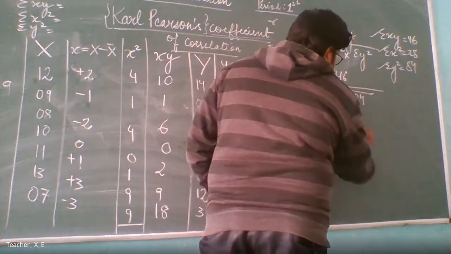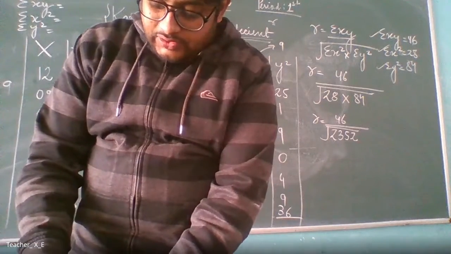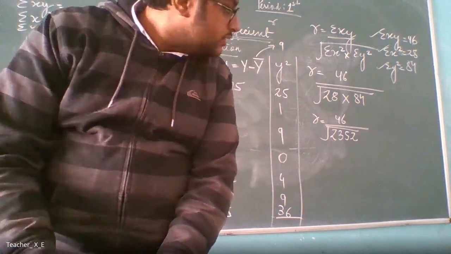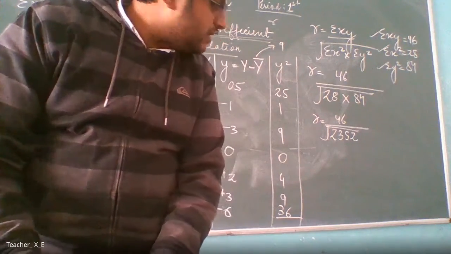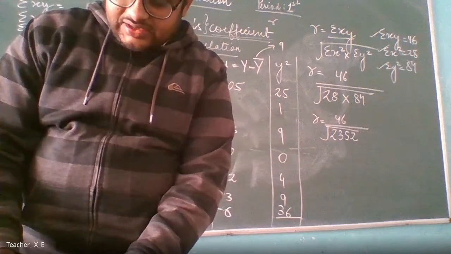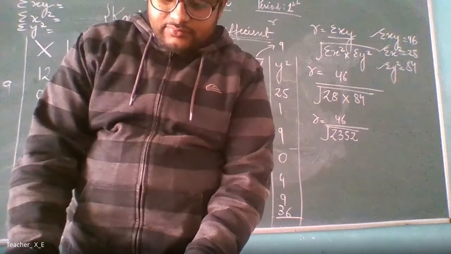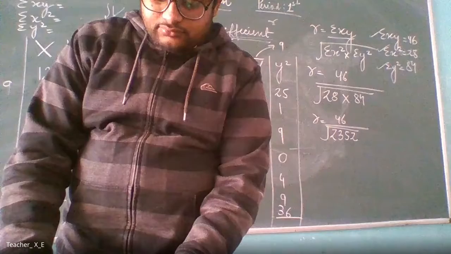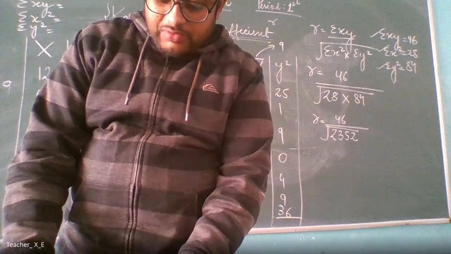And still it is in root. When we multiply 28 by 84, we will get 2352. Is it correct, students? Are you multiplying?